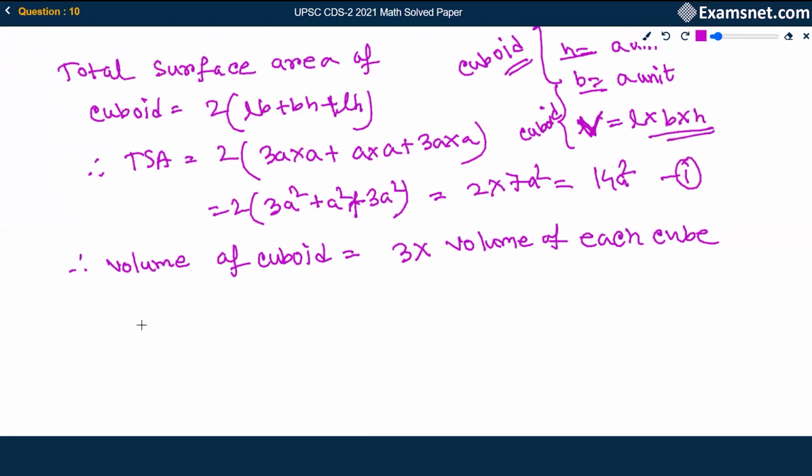Okay, so we can write here 3 multiplied by volume of each cube. If A is the length of one inch, so the volume of a cube will be A cube.